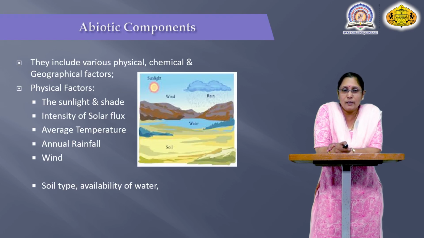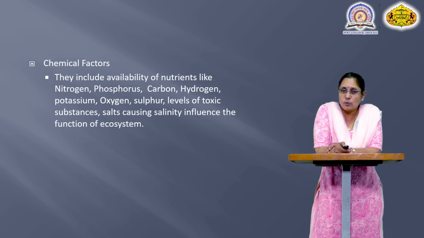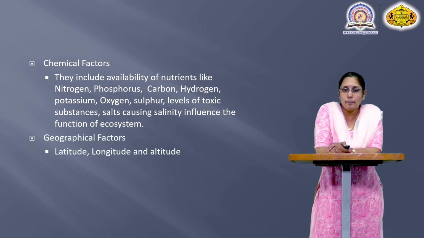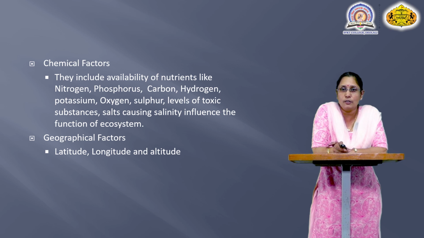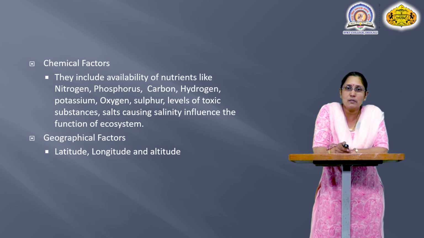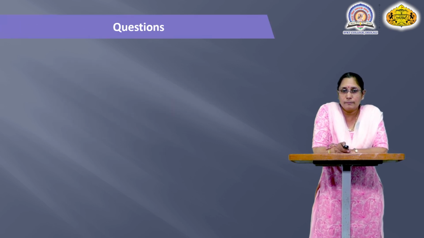In the previous slide we saw the physical factors, and here you can see the chemical factors. It has also been observed that some geographical factors, such as latitude, longitude and altitude, are also part of the abiotic component. This is all about the terrestrial ecosystem.